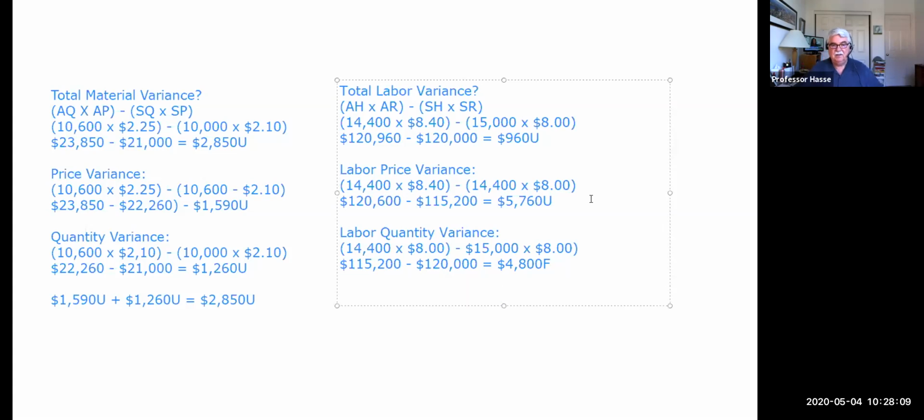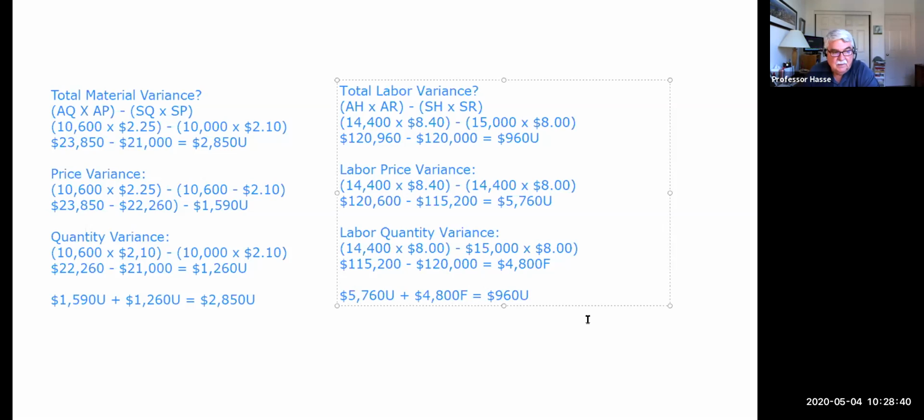Let's make sure we did everything right. The labor price variance was unfavorable, $5,760. We add that to the labor quantity variance, which was a favorable $4,800, and golly, we get our total of $960 unfavorable total labor variance.